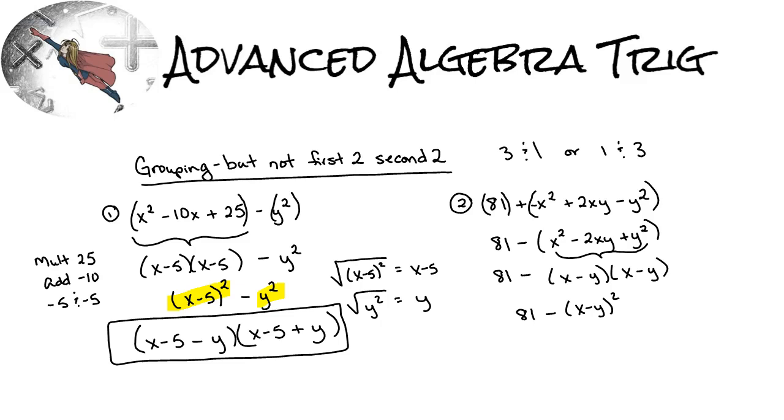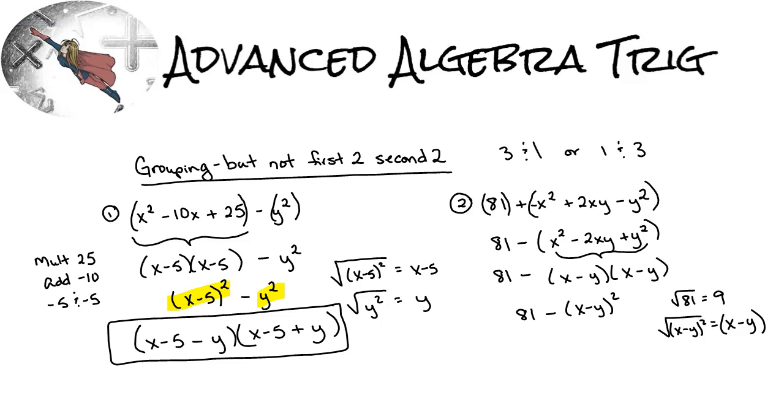And then just like the first problem, this is now the difference of two perfect squares. If we double check square roots, square root of 81 is 9. Square root of x minus y squared is just x minus y. Keep this x minus y in parentheses as you write everything though, because it's a quantity.